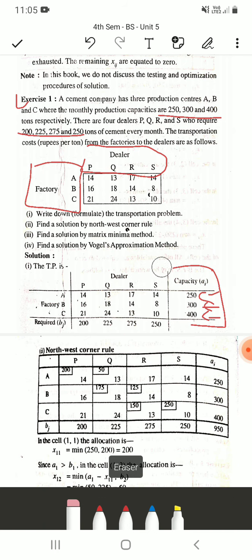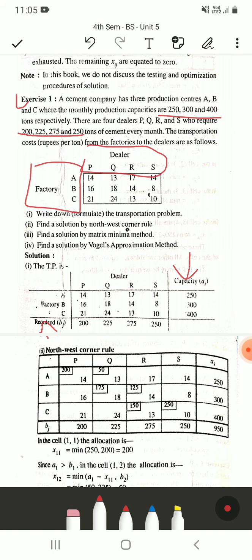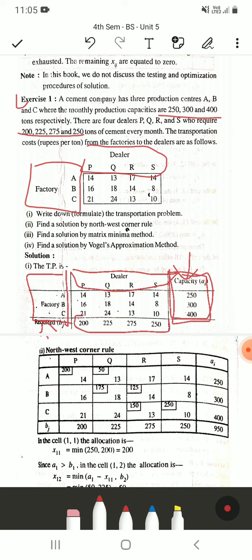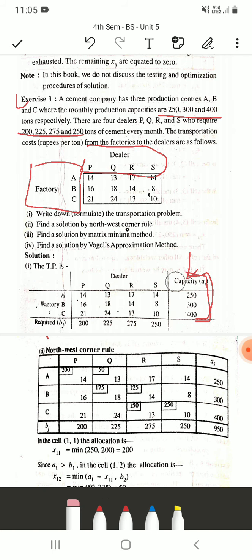So don't write capacity over here and requirement over here. It is not correct, because capacities are for the factories A, B and C. Therefore you have to make another column, and requirement is for the dealers, so you have to write it in the below row. So this is the formulation of a transportation problem.